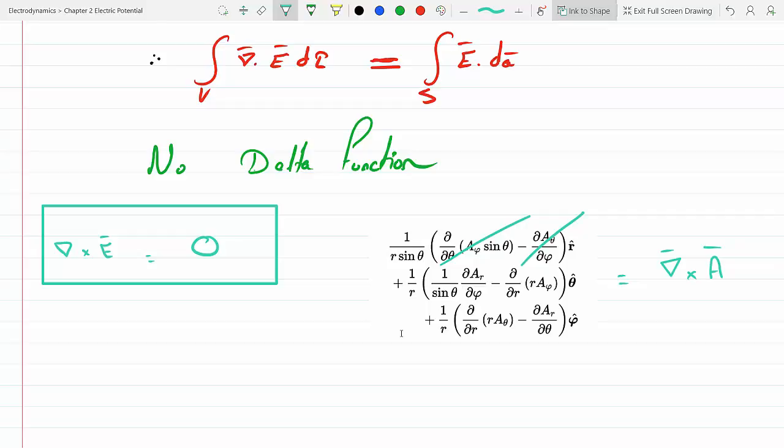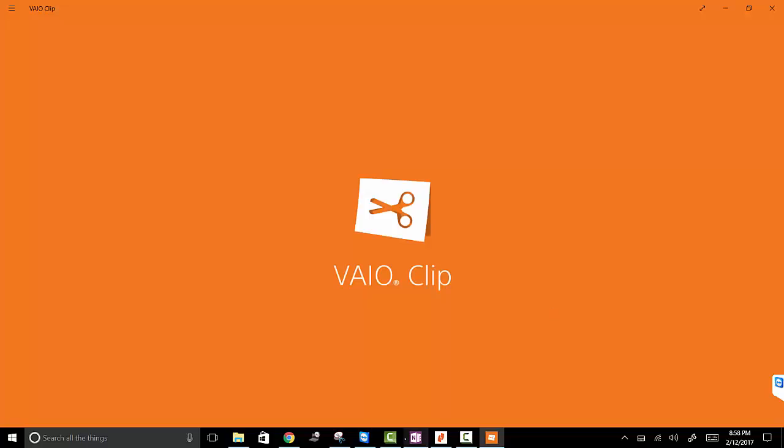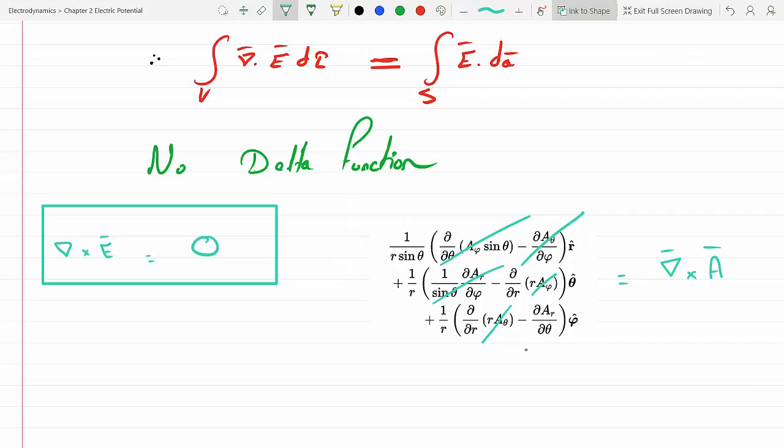Also, the r component is not changing with phi, so this is 0. There's no phi component, so d over dr of that is 0. A theta is 0, so this goes away. And the A r component is not changing with theta, so this goes to 0. So all of them are 0. That's why the curl is 0. And we know that the electric field is curl-less anyway, so there wouldn't be a curl.